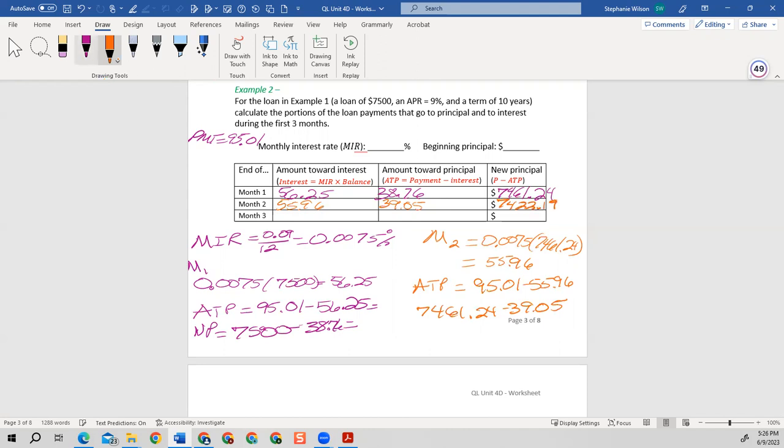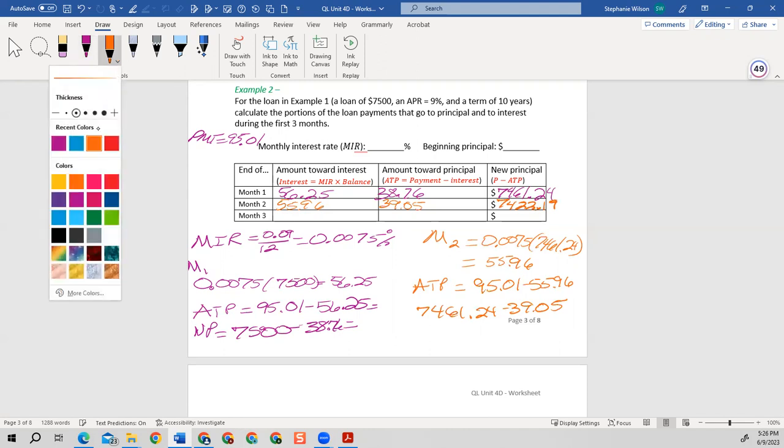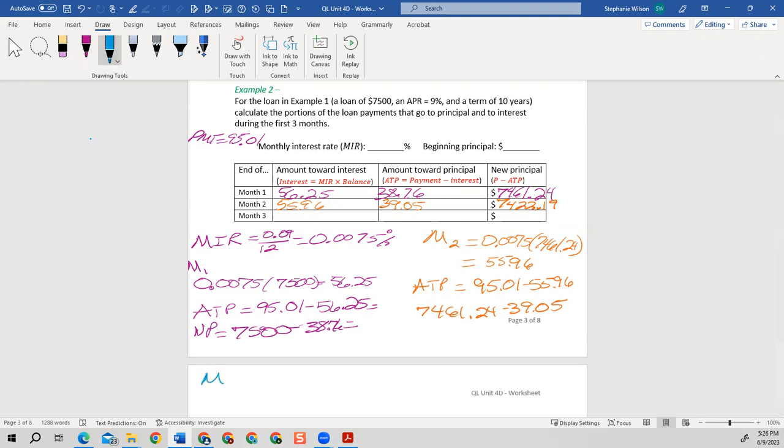Now let's find month three. So month 3, I'm going to take that 0.0075 times that new balance of 7422.19. And I get interest of $55.67.